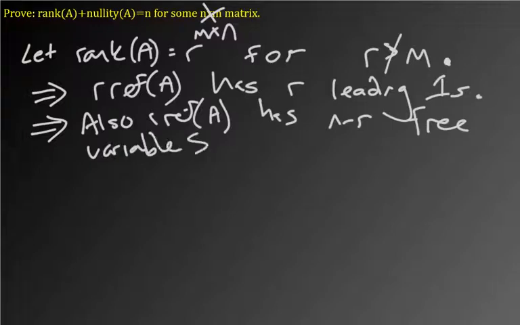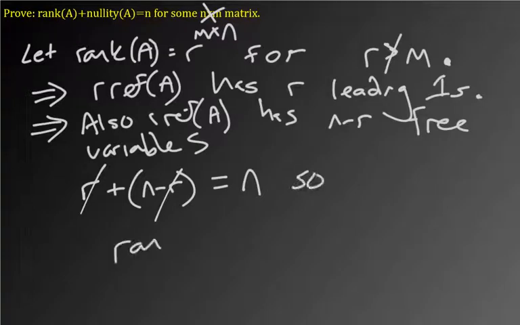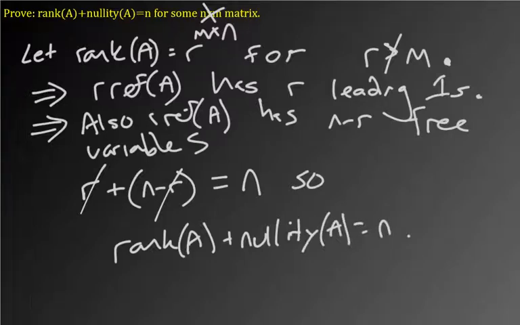And so the rank of A was R, and the nullity, which is the free variables, is n minus R. So if you literally just do that out, the R's would cancel and you get n. So the rank of A plus the nullity of A would equal n. It's not a super formal proof, but honestly it is the idea here.